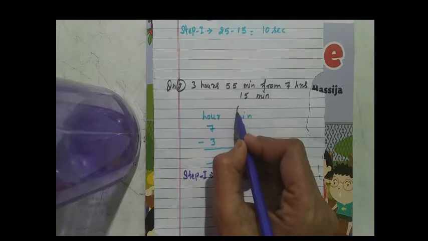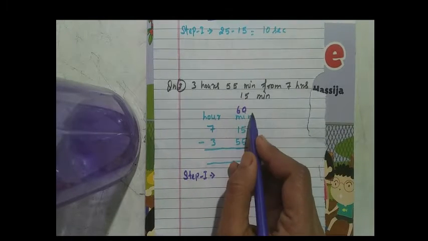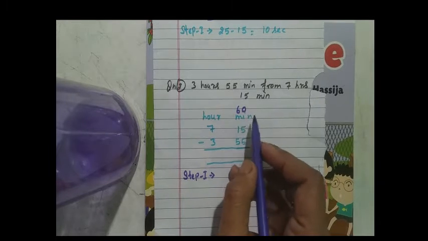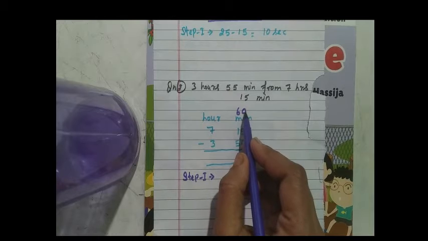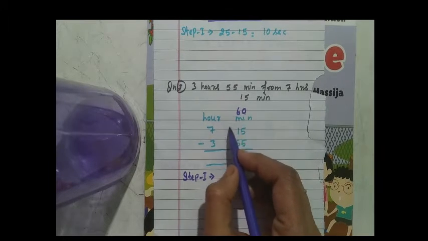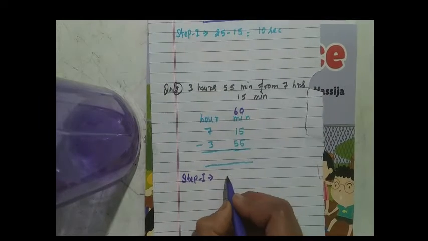There are 60 minutes. So the borrow is 1 hour, and when it comes to the minute section, it is 60 minutes. Now you add 60 plus 15, and then you subtract 55. Is it clear?